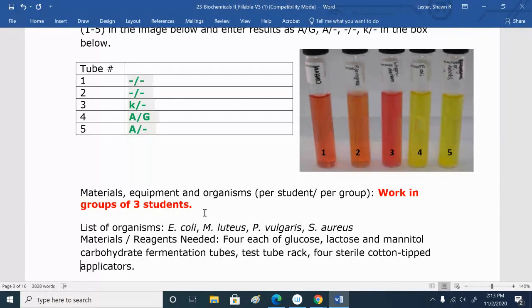So you know something about Micrococcus, right? Think back to the oxygen experiments.